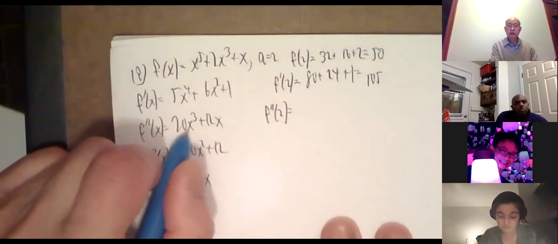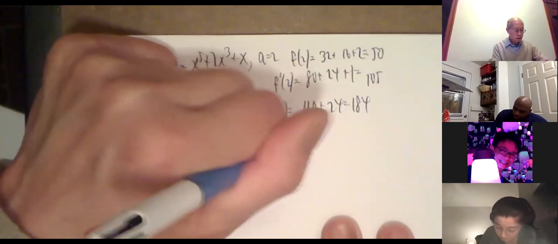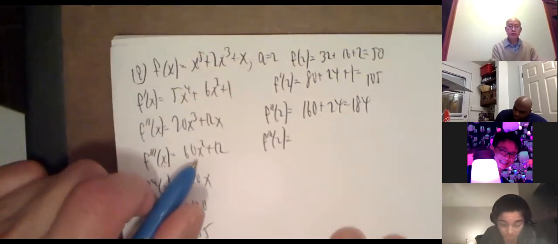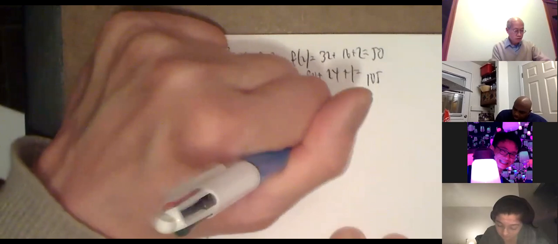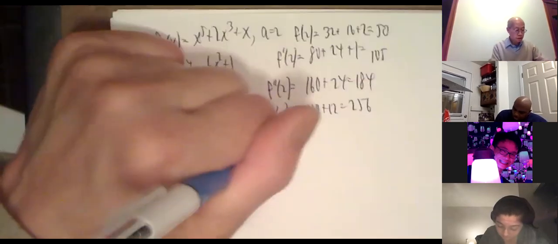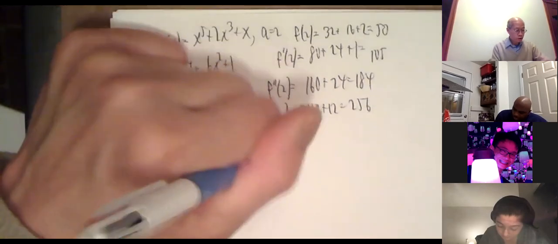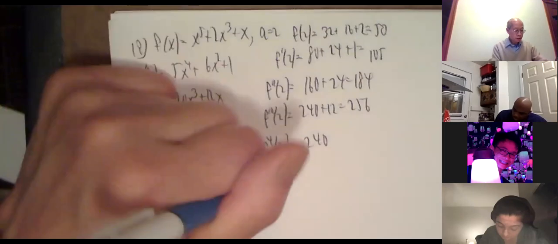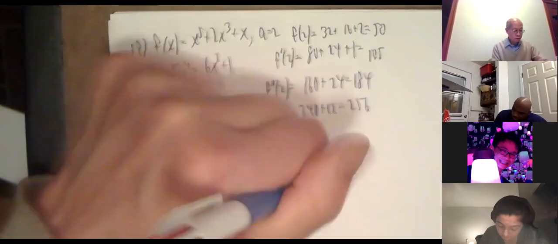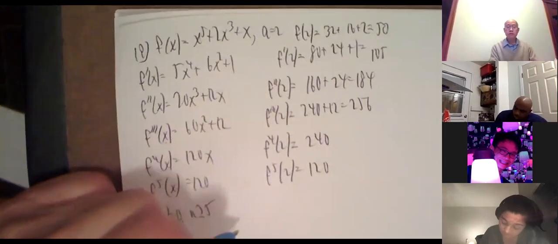Plug in 2: 160 plus 24, 184. Plug in 2 here: 60 times 4, 240, plus 12, 252. Fourth derivative at 2, 120 times 2 is 240. Fifth derivative at 2 is 120, and all the rest are zeros.